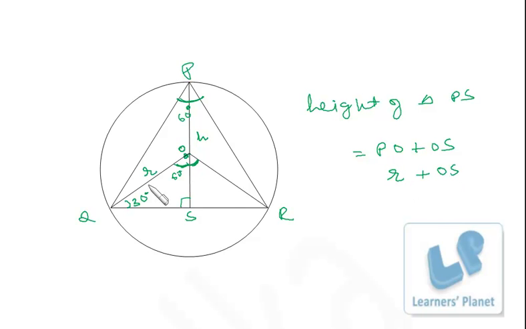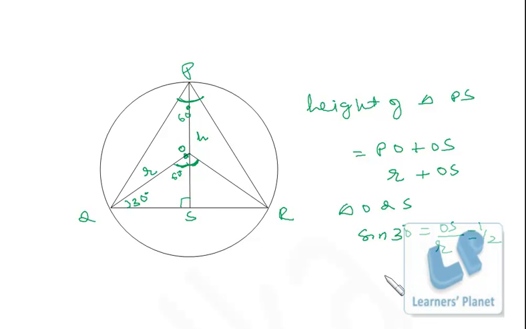Now in this triangle OQS, the relationship between hypotenuse and perpendicular is given by sine theta. So sine theta over here, 30 degree, is equal to OS by R. That is 1/2.